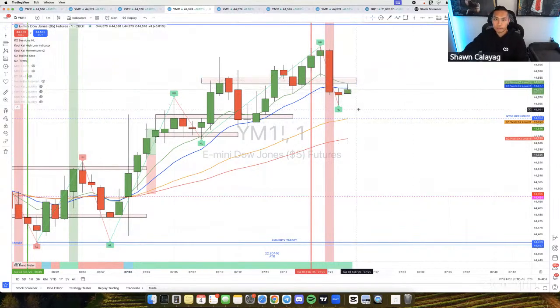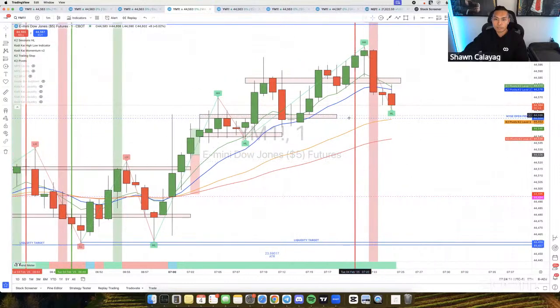All right, so looking at this here, I'll just draw this box so that we can have a visualization of where price was at earlier. It's basically a double consolidation area right here.